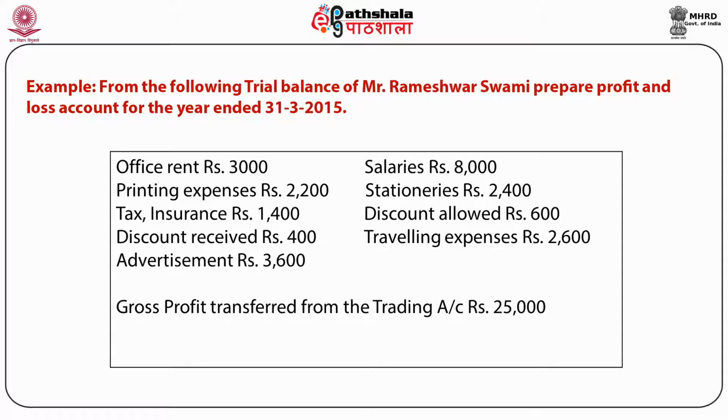We are provided with office rent, printing expenses, tax and insurance, discount received, advertisement, salaries, stationery, discount allowed, traveling expenses, and gross profit transferred from the trading account. First of all, we have to identify the items of income and expenditure, and there is no item of income except gross profit.